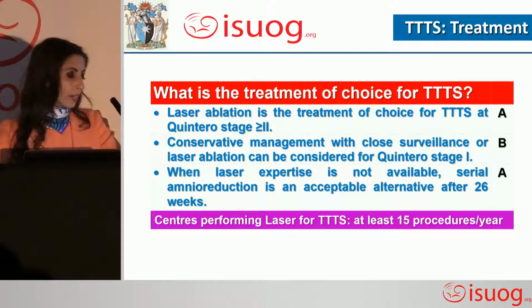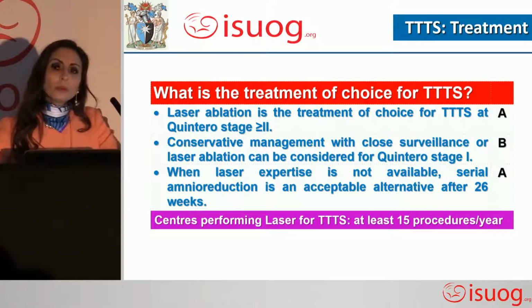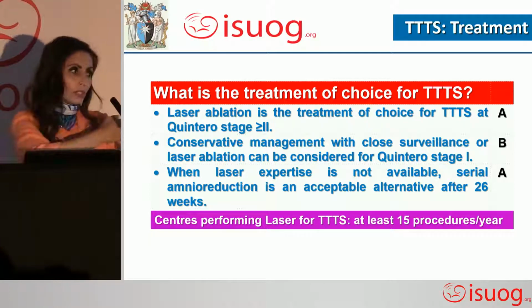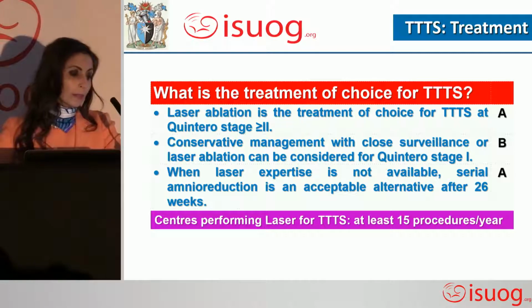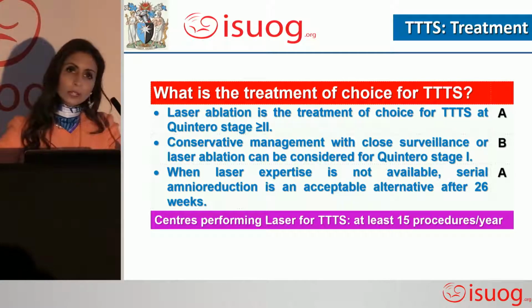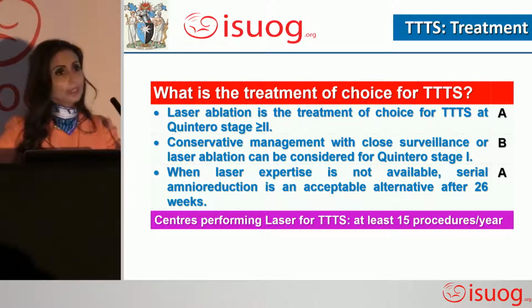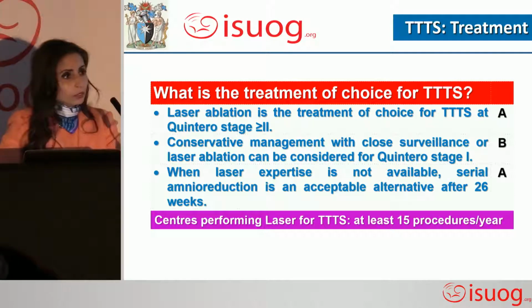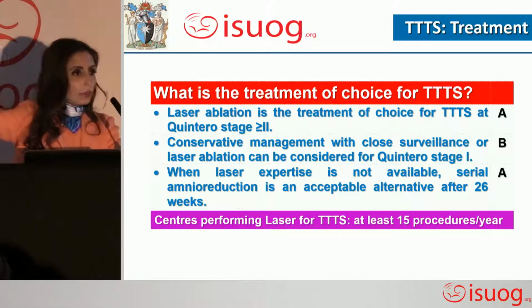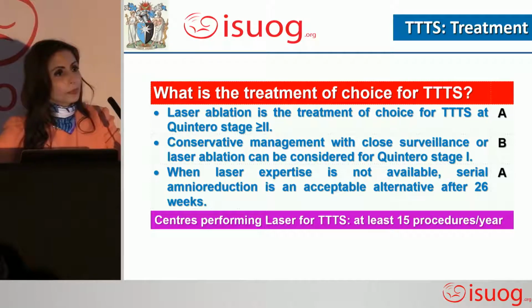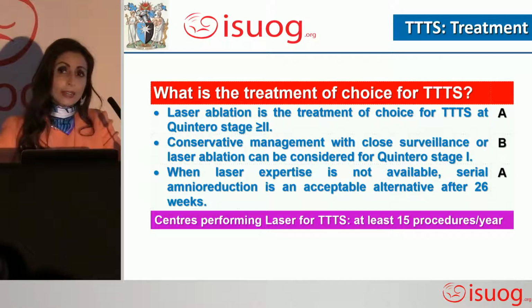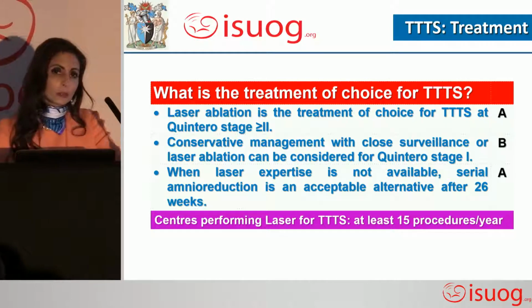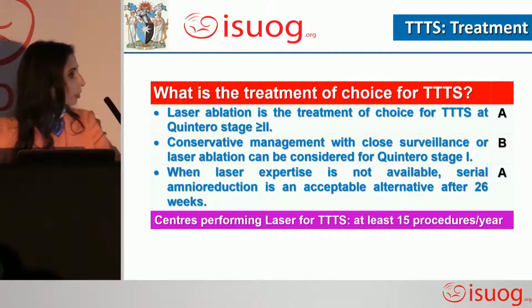What about amnio drainage or amnio reduction? Well, yes, we had some questions yesterday from the online streaming about that. There are certain healthcare settings where laser is not available, or the nearest center is miles away and the woman cannot afford it, or it's an acute TTTS at a very advanced gestational age, and therefore there is still some room for amnio drainage or amnio reduction.